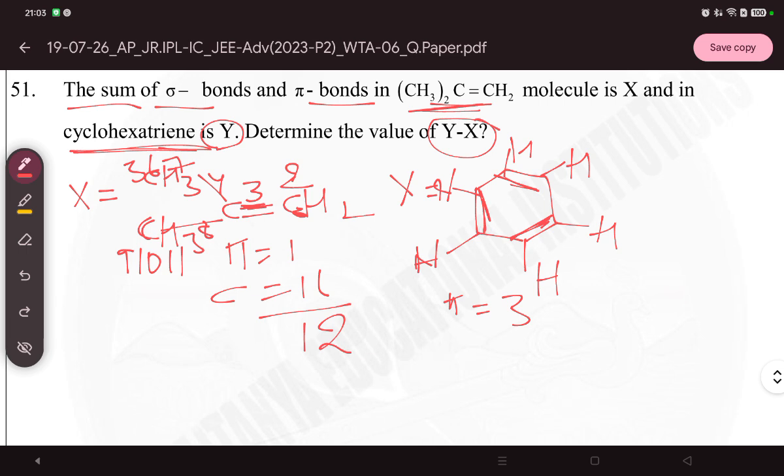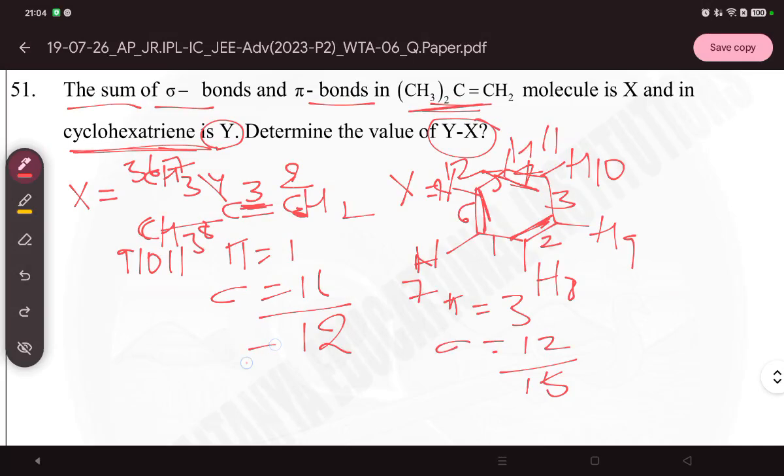Total sigma bonds 1, 2, 3, 4, 5, 6, with hydrogens 7, 8, 9, 10, 11, 12. Total sigma bonds is equal to 12, that is, sum is 15.